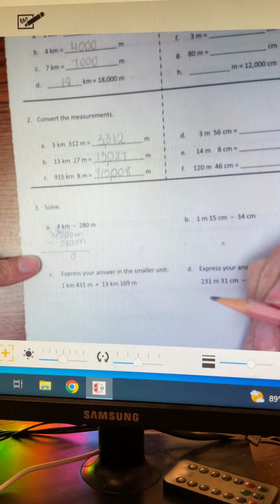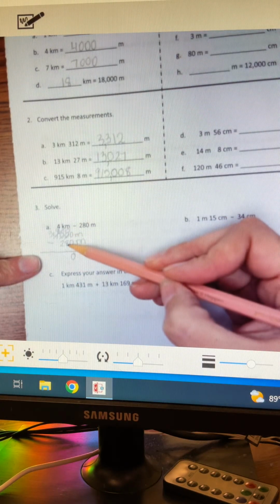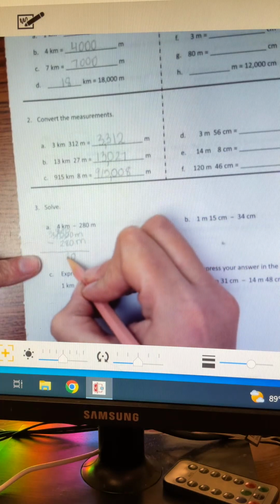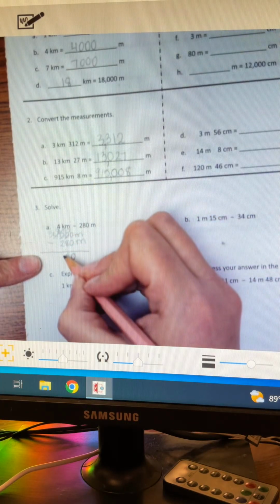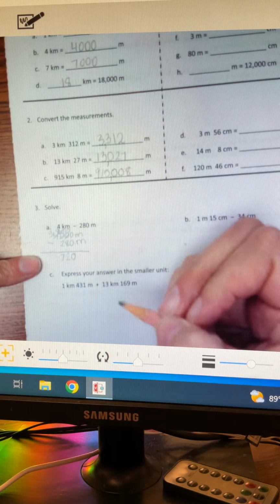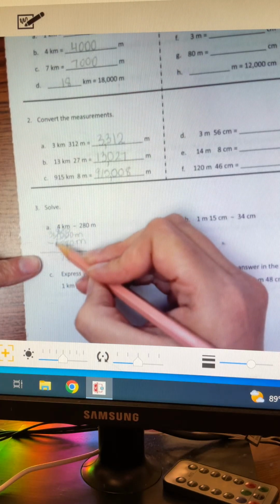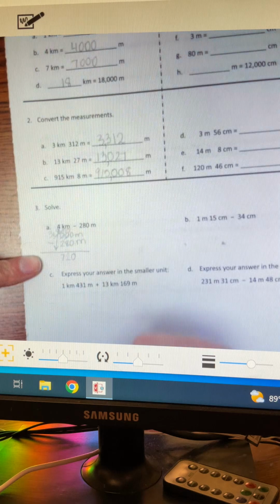Okay, now we're ready to subtract. 10 minus 8 equals 2. 9 minus 2 equals 7. And then we have nothing to take from our 3, so it's just going to be brought down.